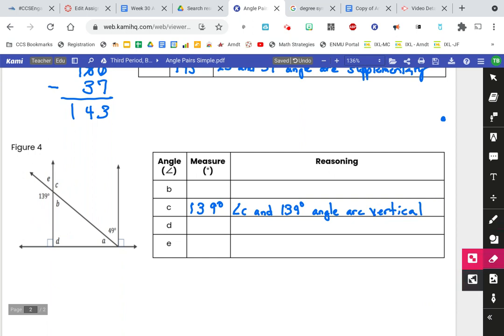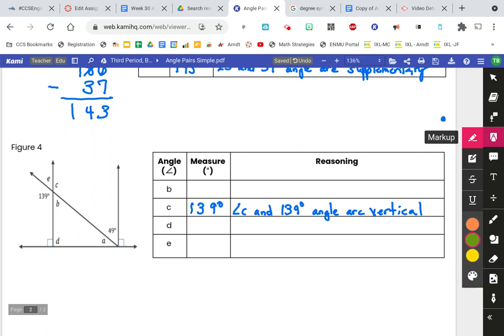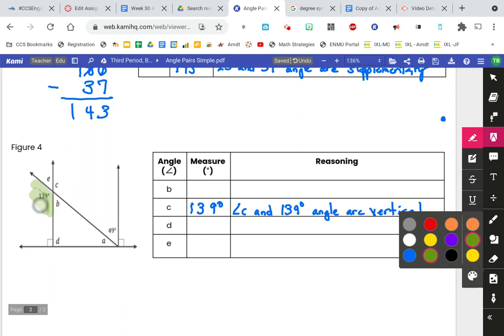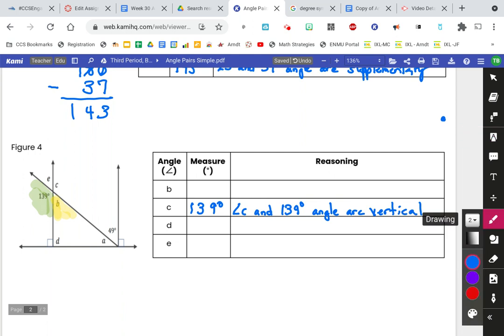I'm going to look at this angle right here, the 139 again, but then I'm going to notice that when I put that 139-degree angle together with the angle that I just painted yellow, they will form a line.